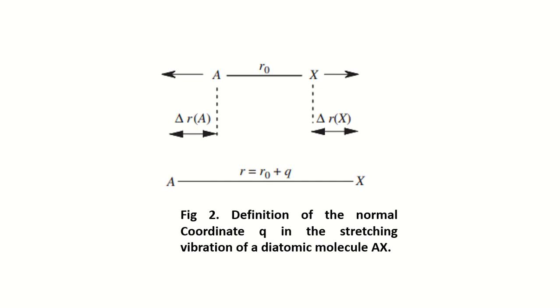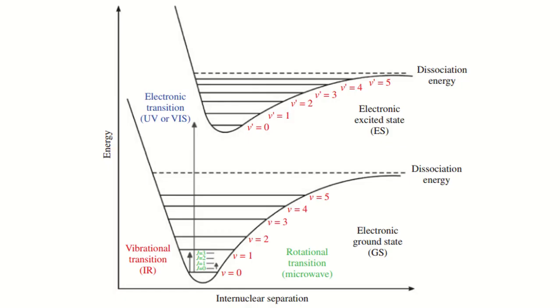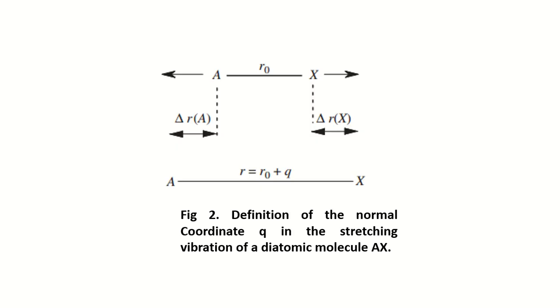The resulting vibrational quantum levels for harmonic oscillators are shown in this diagram. Notice that the molecule has a zero point energy even at 0 Kelvin, and that the vibrational levels are evenly spaced.